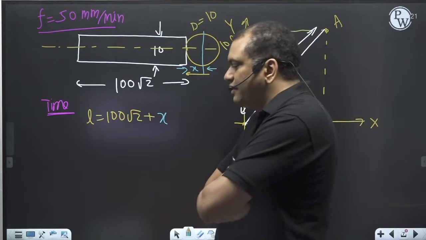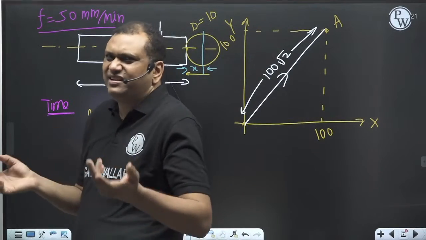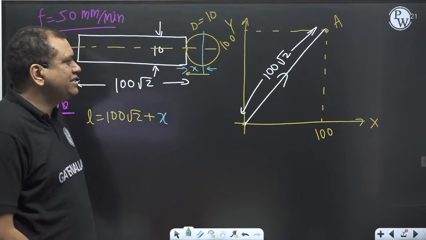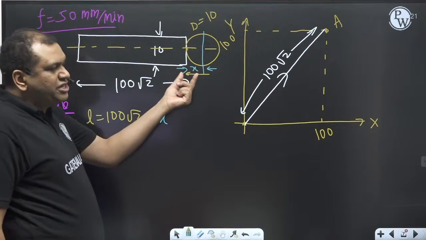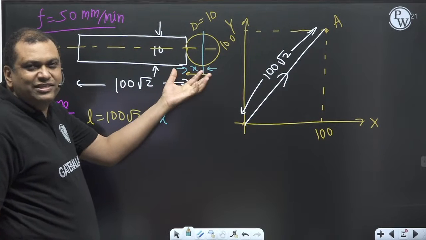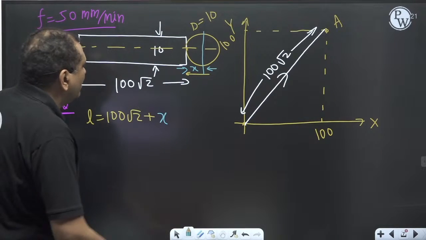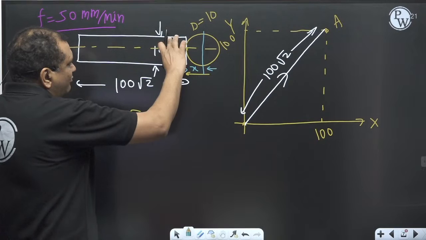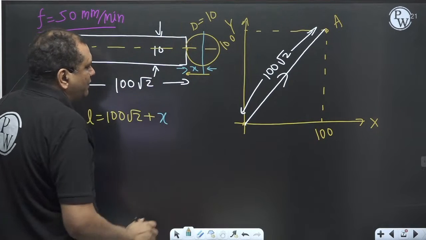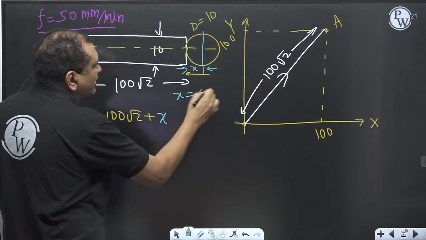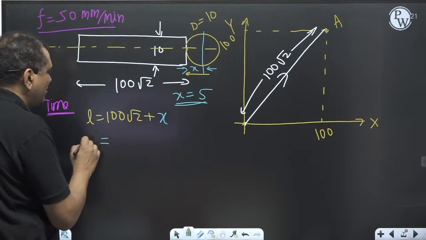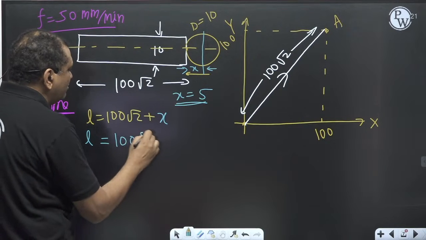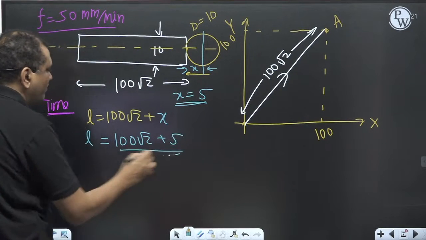In machining time calculation of lathe and all these things, we do these types of problems because the slot width is equal to the cutter diameter. So x will be nothing but 5. So length of cut will be 100 root 2 plus 5.